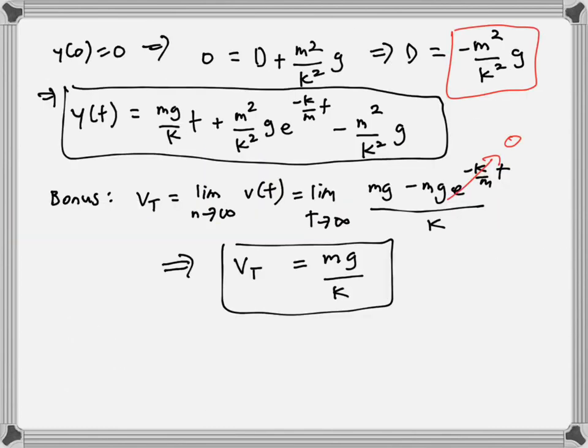Okay, I also want to go over one more type of problem that we might see, which is Newton's law of cooling. Okay, so what is Newton's law of cooling? Let me write this down right here.